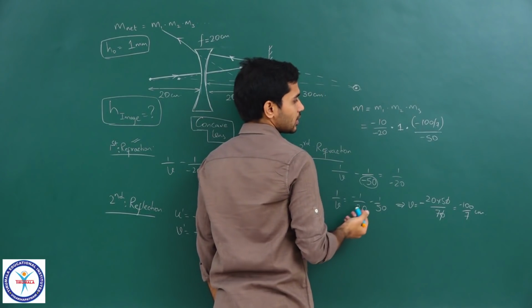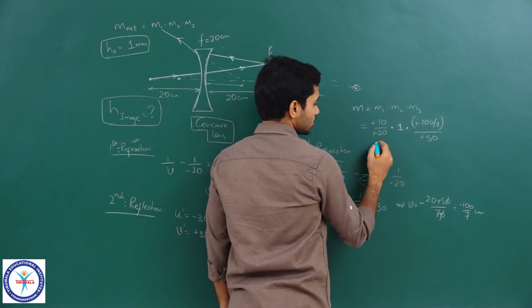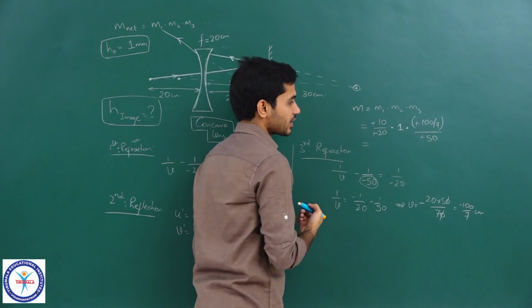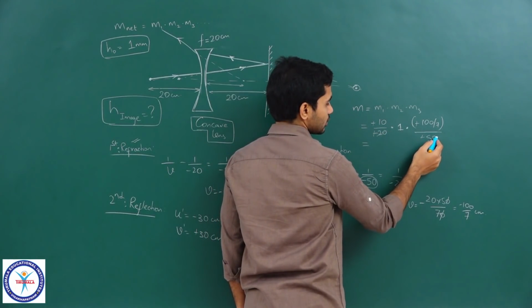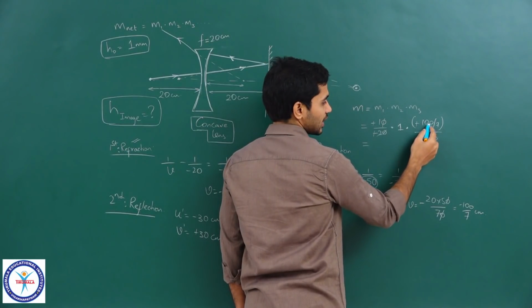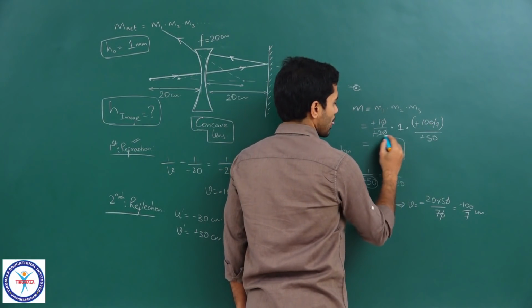So, simplifying this, minus minus gets cancelled and you will eventually get the value as, here we have 20, 0 and 0 get cancelled, 2 into 50 is 100, 100 gets cancelled and you will get 1 by 7.